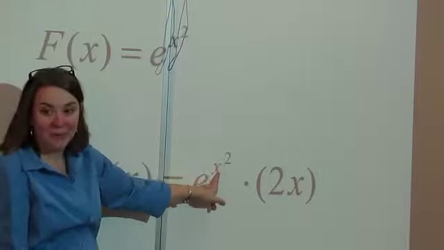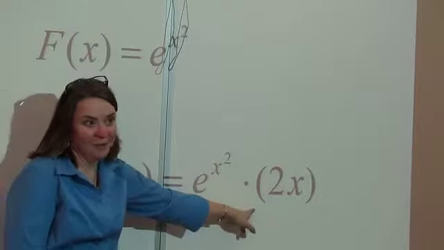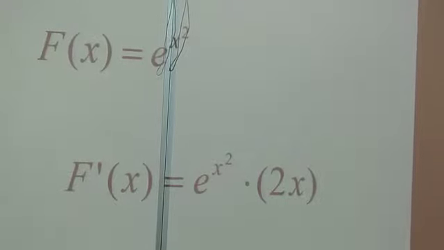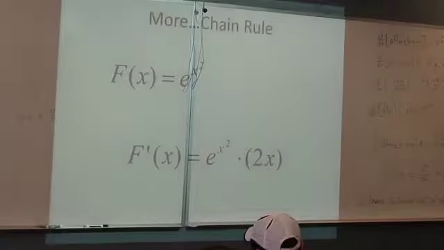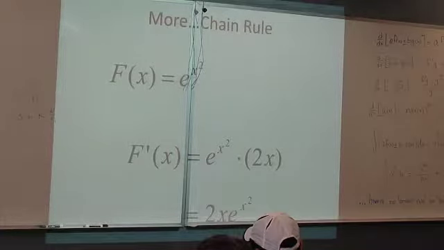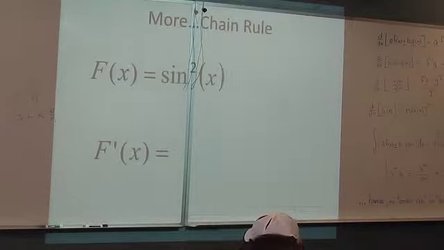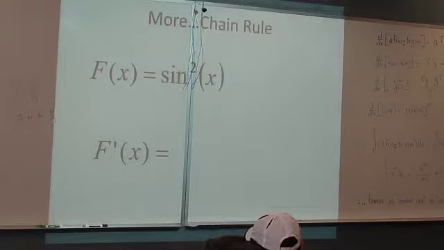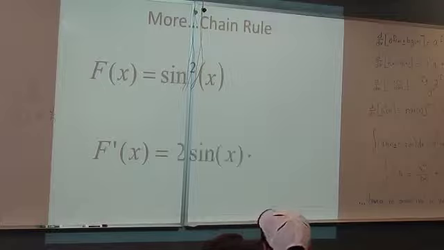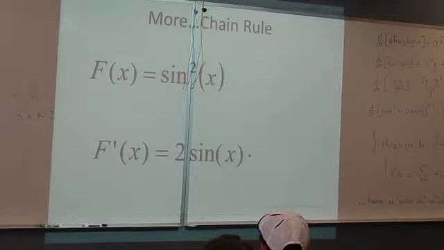E to the u and u prime. Familiar? We're still differentiating. There it is. Power rule and then chain rule.